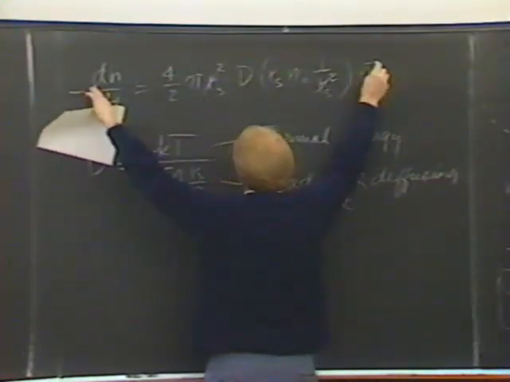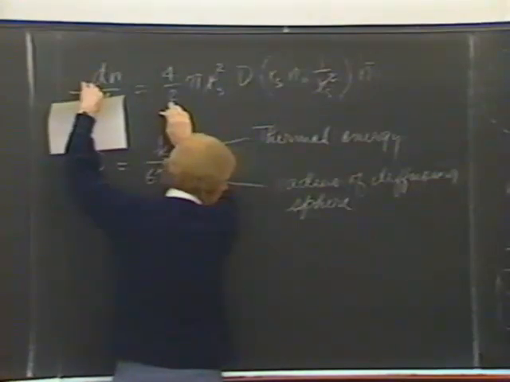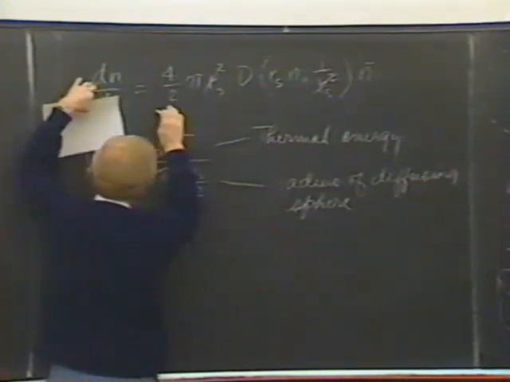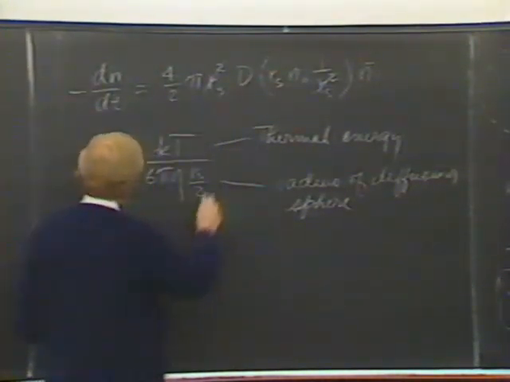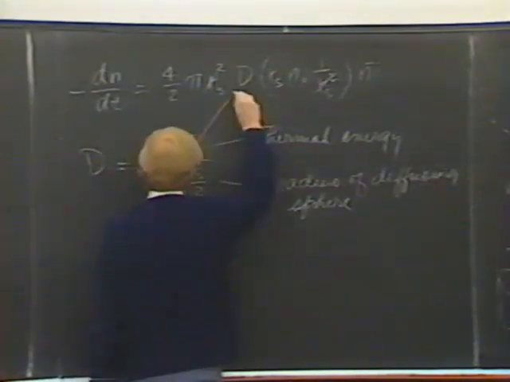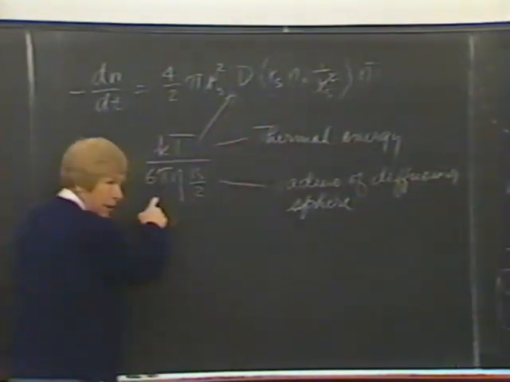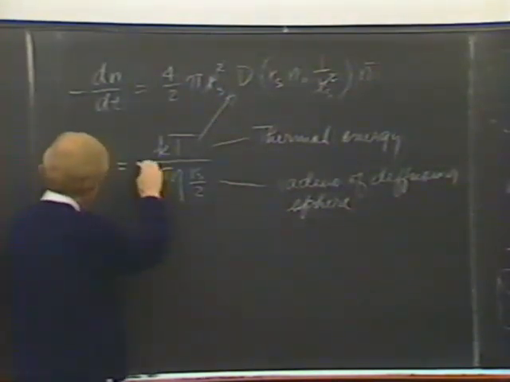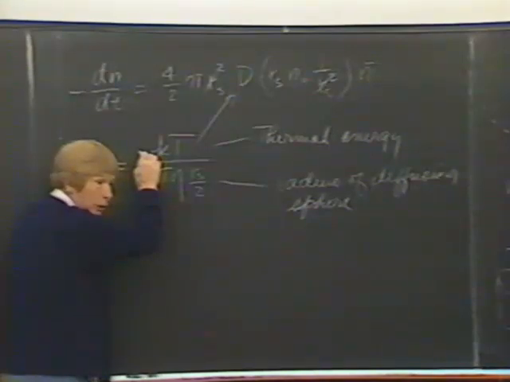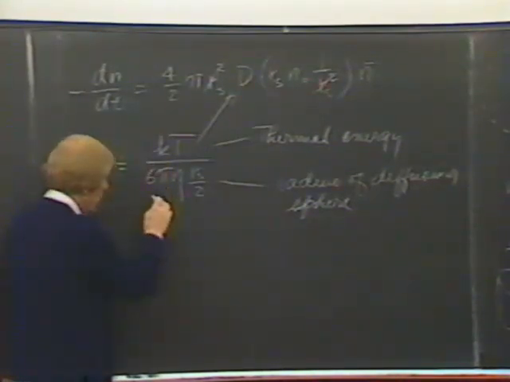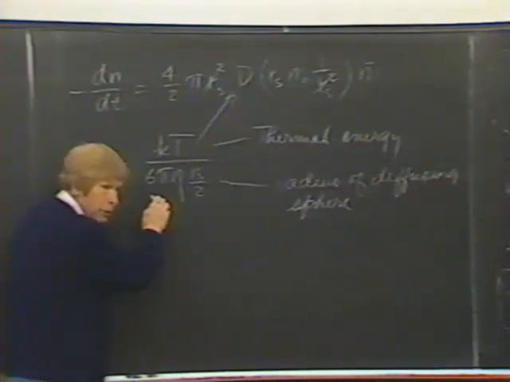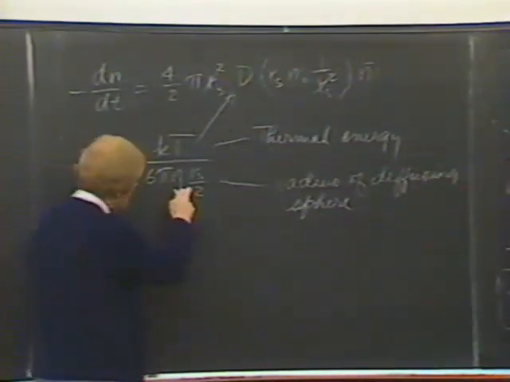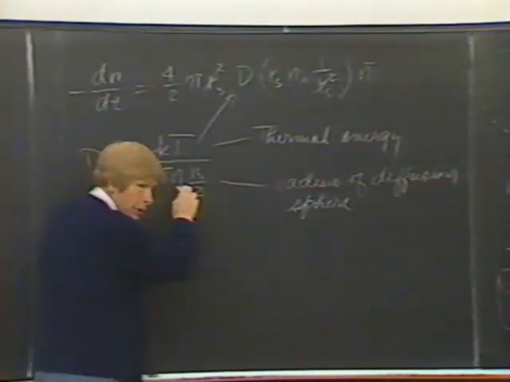Then our next step was to substitute for D the Einstein-Stokes relationship, which is the average thermal energy, kT, divided by the drag on the diffusing sphere. Now the drag on the diffusing sphere is 6 pi eta times the radius of the sphere, and the radius of the sphere here is half the collision radius, right?